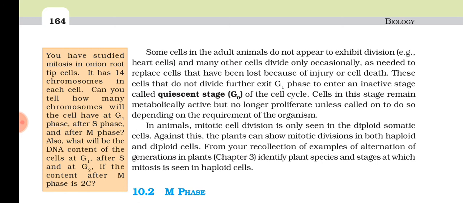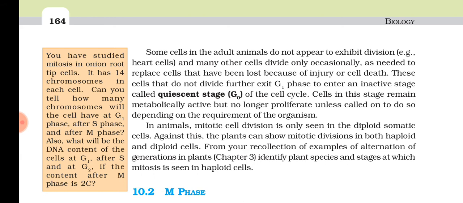They exit the G1 phase, meaning from G1 phase they exit and they will not enter into the S phase. They remain in the inactive stage, and this is known as quiescent stage or G0 stage of the cell cycle. These cells will be metabolically active. They do their functions, for example, the cells of the heart, cardiac cells.